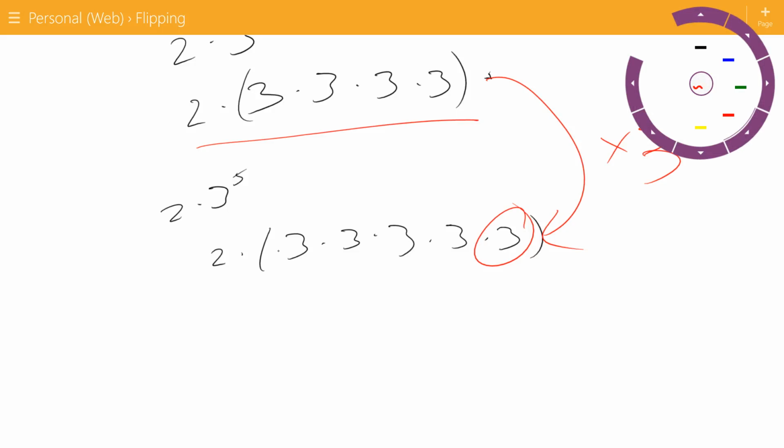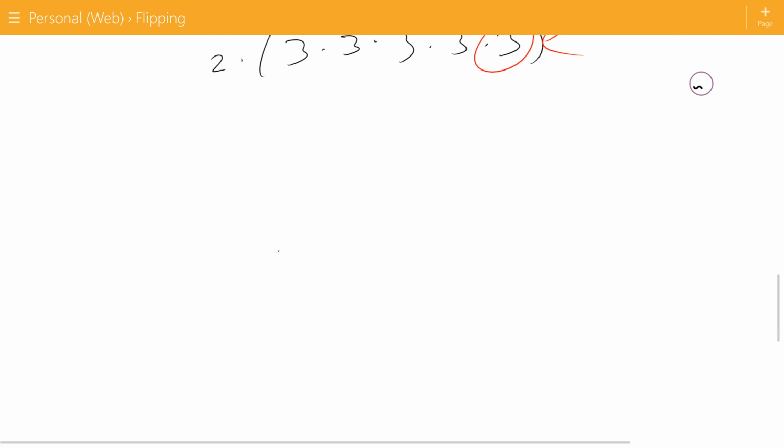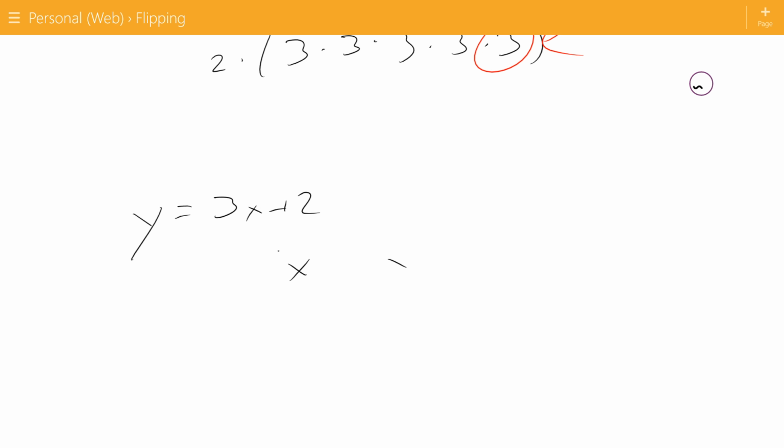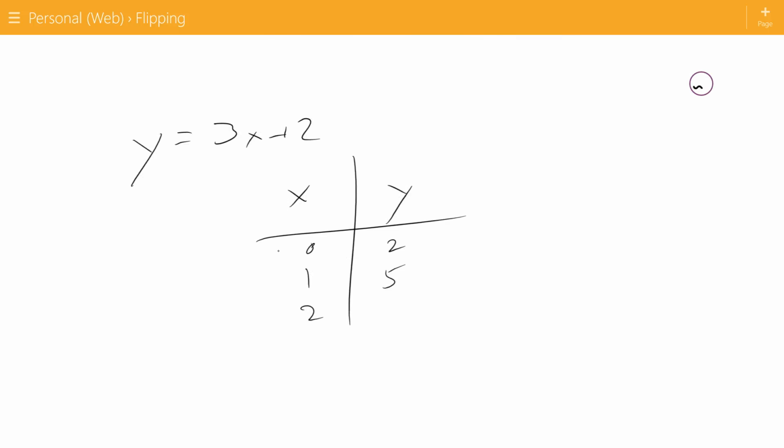Compare this to a linear function, where we might have y equals 3x plus 2. If you make a table with that, if I plug in 0, I get 2. If you plug in 1, I get 5. If you plug in 2, I get 8. The pattern here from 2 to 5, from 5 to 8, you're adding 3.